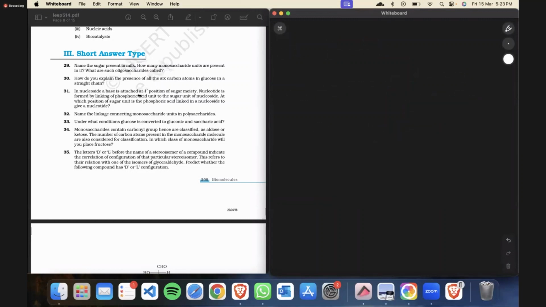How do you explain the presence of all six carbon atoms in a straight chain in glucose? Glucose on prolonged heating with HI gives n-hexane: CH3, CH2, CH2, CH2, CH2, CH3.